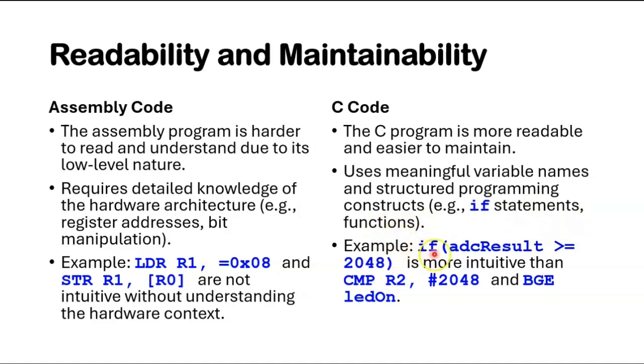Here is an example that I extracted from the program: if (ADC0 result >= 2048). This is more intuitive than assembly code like this, CMP R2, #2048, and then BGE LED_ON. So this is more intuitive when compared to these instructions.